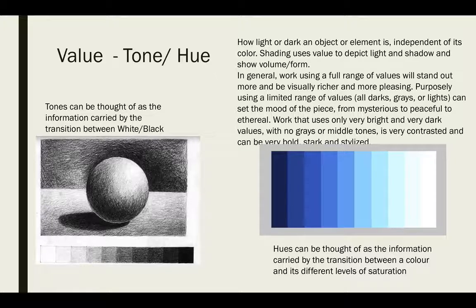So tone describes the difference between white and black specifically, and also the different versions of gray that come between them and separate them. Tone as well as hue both describe a value of light that is in space we define within our pieces.